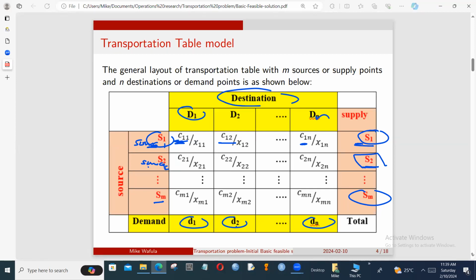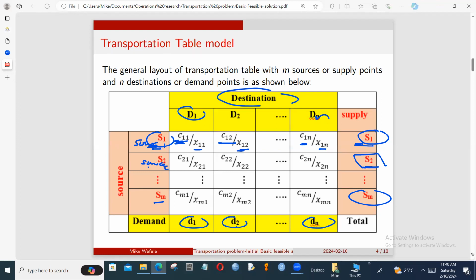So the Cs represent the cost per unit of a commodity or product from a given source to a given destination. Now, you see also in the same cells I've written X11, X12, X1N. These are now the units. So X11 could be the units that have been assigned to destination D1 coming from source 1.